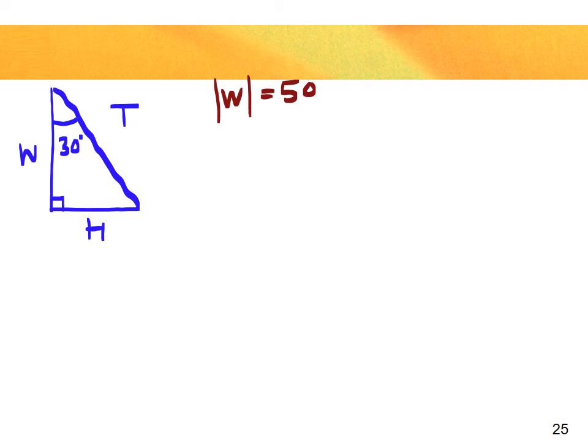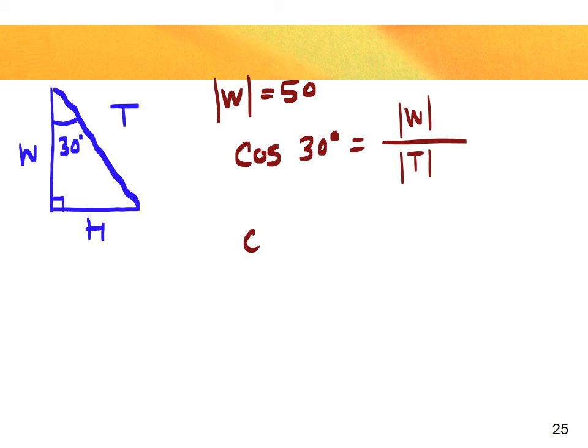In order to get T, let's talk about T. T is here. T is the hypotenuse. W is the adjacent side to 30 degrees. So I think I'm going to use cosine, that adjacent over hypotenuse connection. So cosine of 30 degrees is equal to the magnitude of W, adjacent, over the hypotenuse, magnitude of T. And I do know what the magnitude of W is.